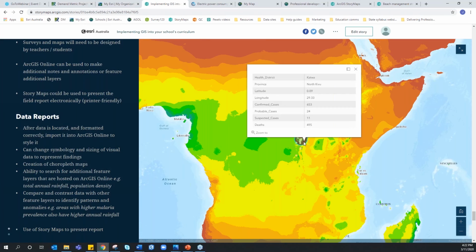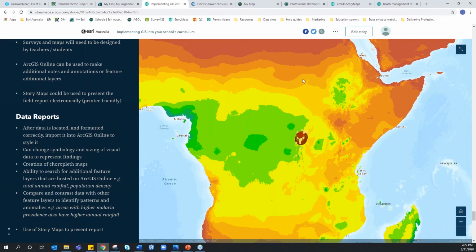And again, I can click on that data. It highlights the particular health district I'm talking about, so Katwa. And I've got confirmed cases 653 here and deaths 495. So I can include the data I want in here and bring it up at will. I've also then, just for demonstration purposes, added a feature layer that has already been hosted in ArcGIS Online.